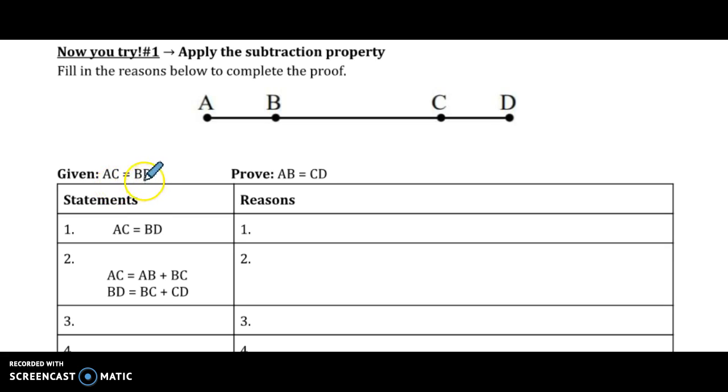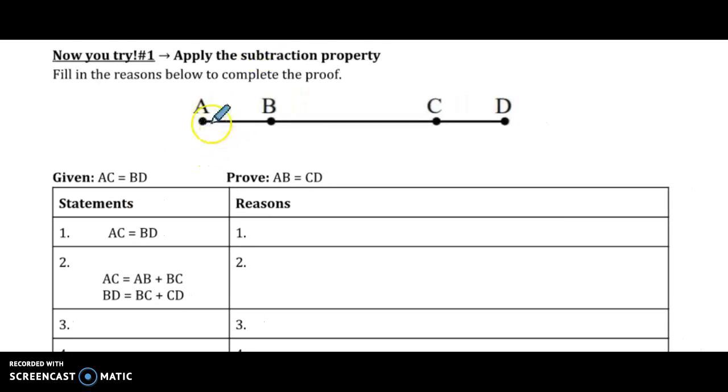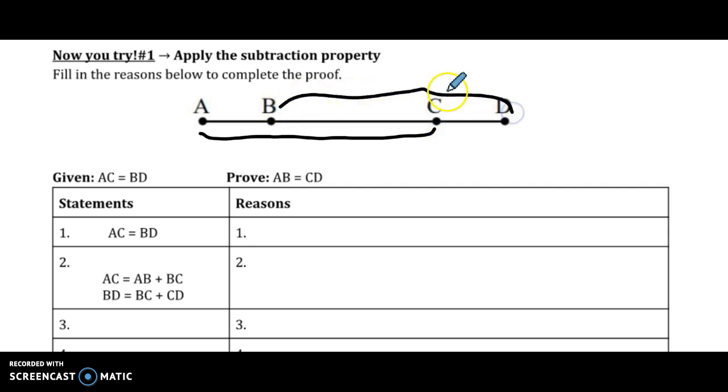Given AC is equal to BD. So, oops, a second. AC and BD are the same. Prove that AB is equal to CD. So we want to show that this and this are the same.